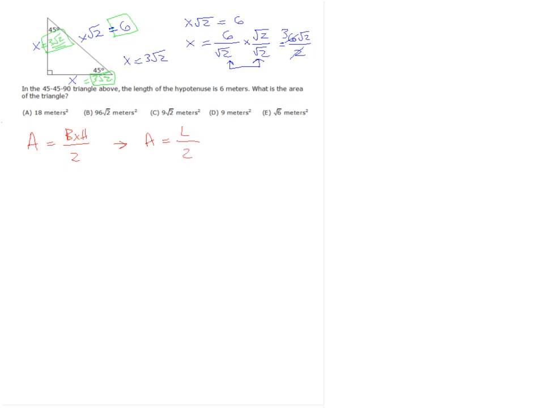The reason we say L squared is because our 2 legs are equal. Doesn't matter how you do it; at the end of the day, it's all going to come out in the wash, and you should end up with the same answer. So 3 root 2 squared over 2 gives us 9 times 2 over 2, which gives us an answer of 9. Of course, it would be meters squared.